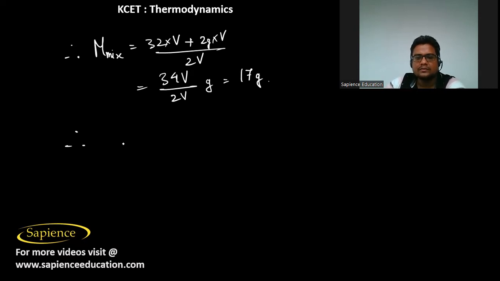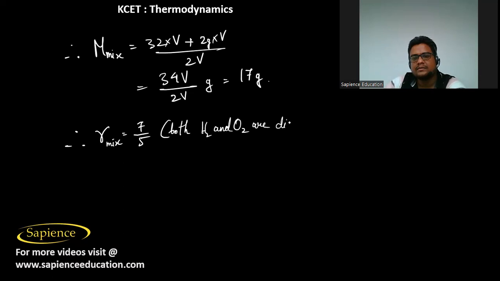Now the gamma of the mixture will also be 7 by 5, since both hydrogen and oxygen are diatomic gases.